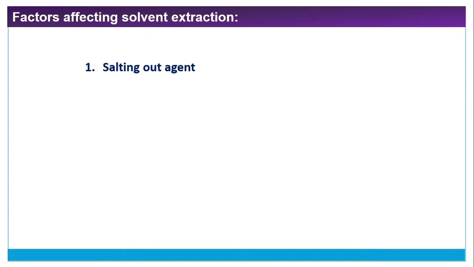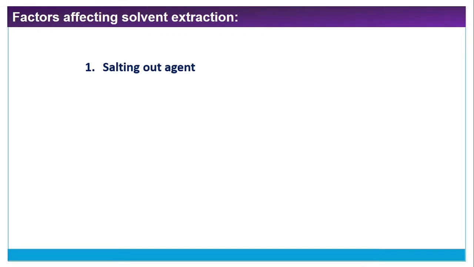So the first factor is the salting out agent. The extraction of metals may be increased by adding a high concentration of inorganic salts to the aqueous phase. This process of addition of inorganic salt is known as the salting out effect. This is due to the pronounced effect called the common ion effect.